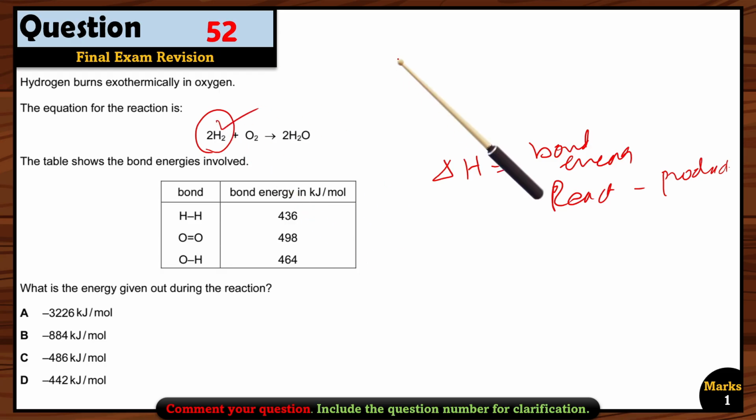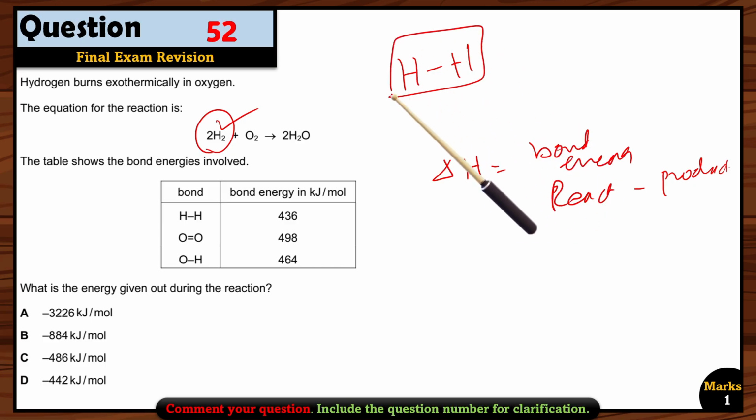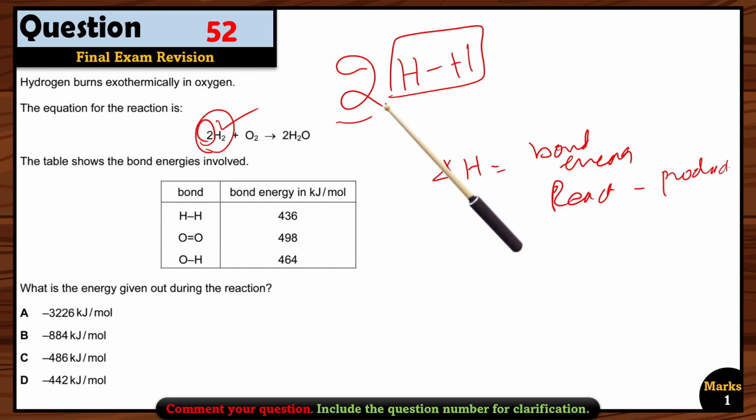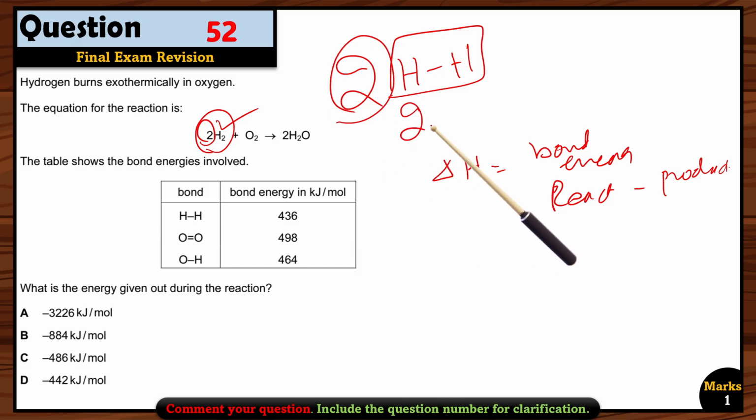If you have H2 here, it means the bond is H-H. That is the structural formula for hydrogen. So how many hydrogen bonds do you have here? Only one. But in the coefficient, it is written 2. So now you have two H-H bonds. Usually students forget to add the coefficient. So this coefficient must be here. So you have 2 into 436 is H-H.